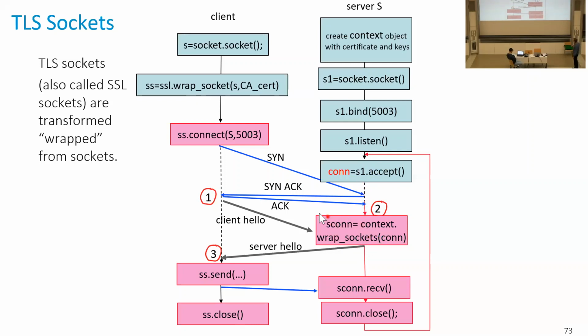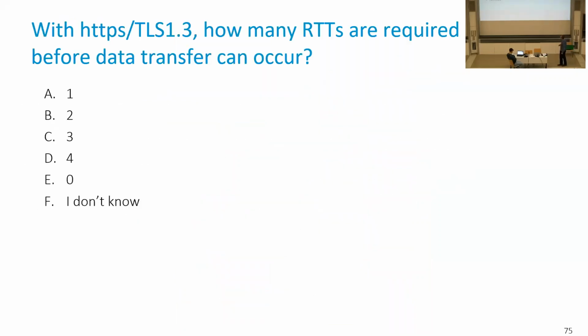And the creation of this TLS socket causes the handshake that I showed before, how we create the symmetric session keys here. After that, it's very similar to what we had with usual TCP sockets, with, of course, perhaps one difference in terms of performance.